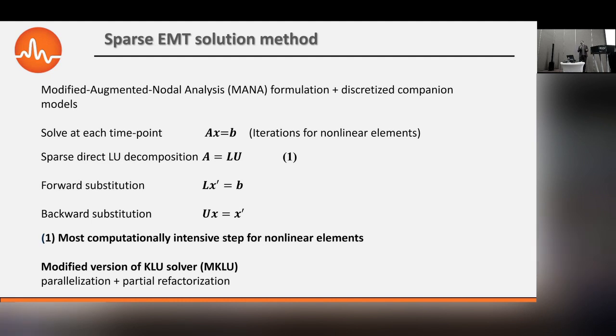When you solve this linear system, you have several steps which use LU decomposition, and then you use forward and backward substitution. This step is quite fast when you know the LU factors. The most expensive step is the one where we need to refactorize the matrix when you have an update in A, which comes from the nonlinear elements.